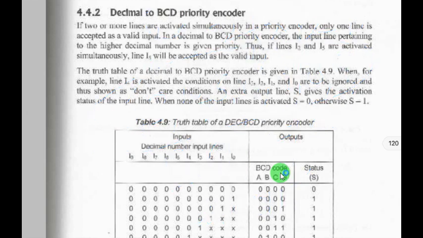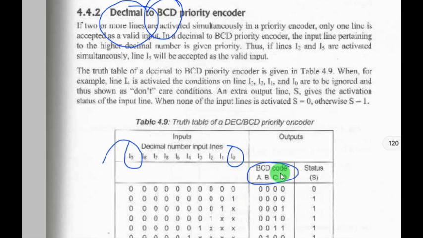So you want to have a decimal number that ranges from 0 to 9 to be represented by a BCD code, which has 4 binary bits. Okay?